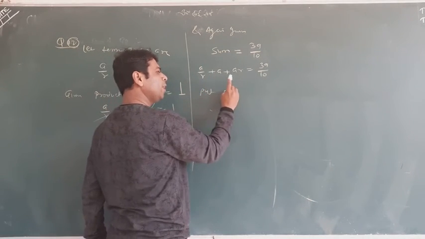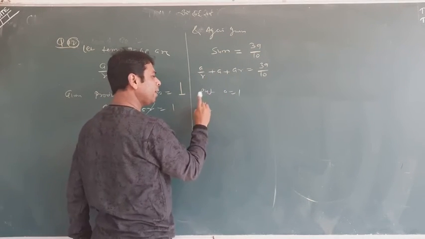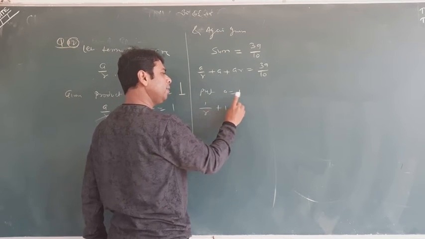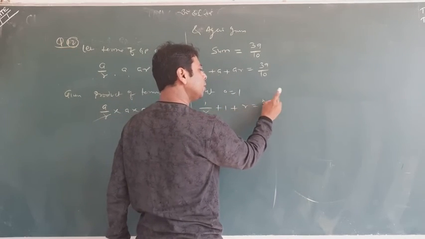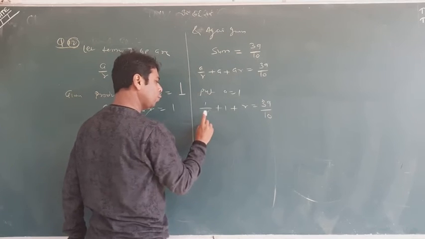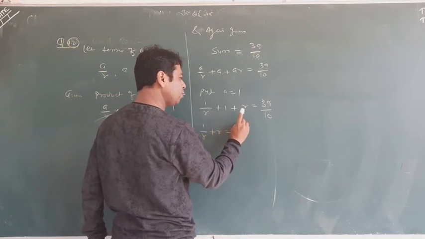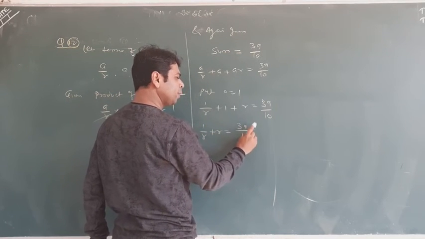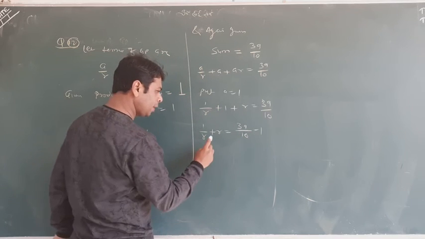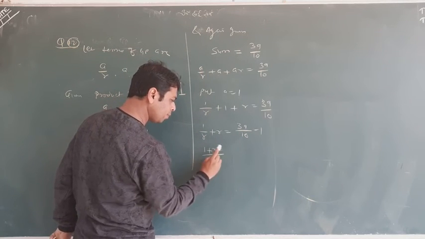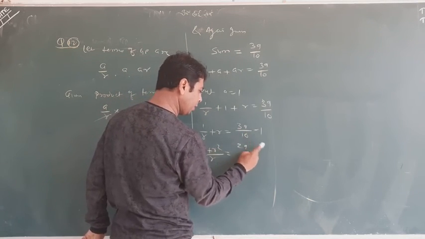Put a equals 1. It is 1/r plus 1 plus r equals 39/10. So 1/r plus r equals 39/10 minus 1. Then I take the LCM. It is 29/10.